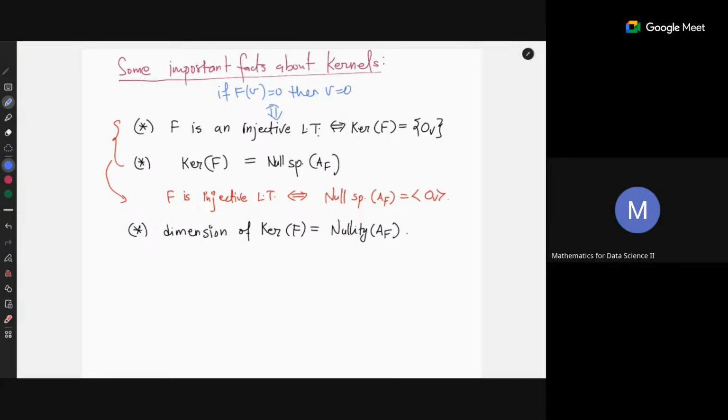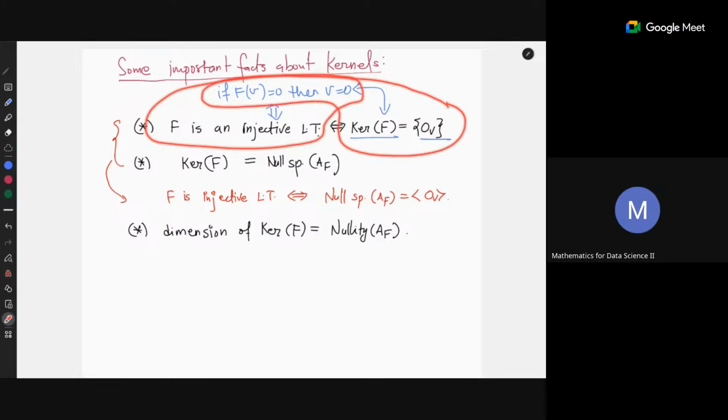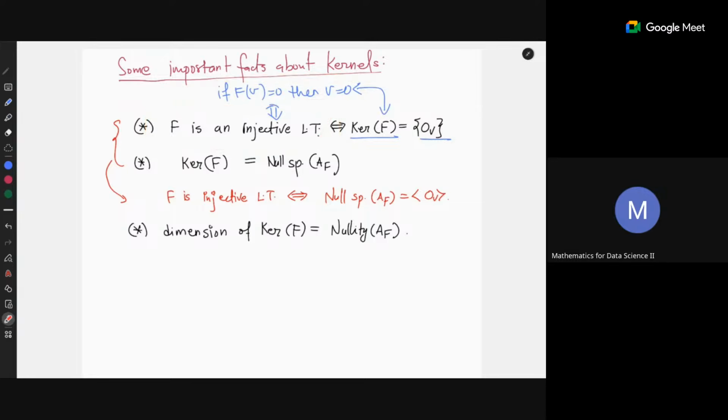Which nothing but means that the kernel of the function is 0. So I'm using two equivalent definitions. This is the first equivalent definition that we saw in the last session, and this is the definition of kernel that you have just seen. These two definitions give you this equivalent condition: a linear map is injective if and only if its kernel is the zero subspace.